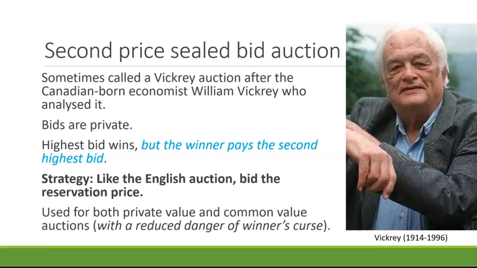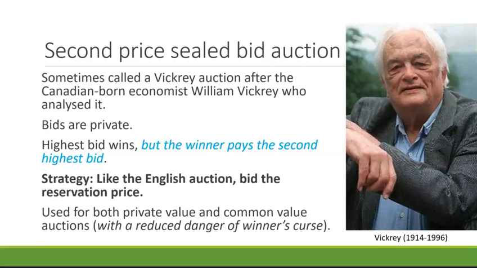Now, I just note here on the slide that if it's a common value auction, this is going to reduce the danger of what's called a winner's curse. I'll explain that shortly, but that's the idea that you've overestimated the value of what's being sold.